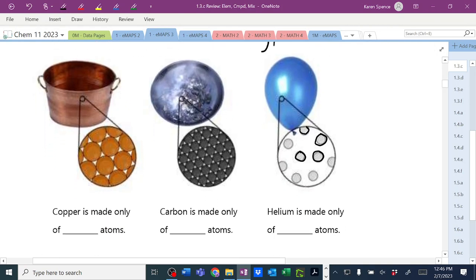So copper is made only of copper atoms, Cu. Carbon is made of only carbon atoms, C. And helium is made of only He atoms, helium. So those are elements.